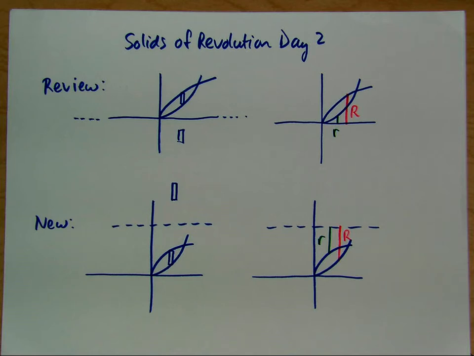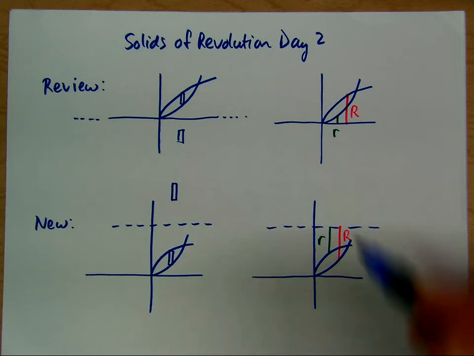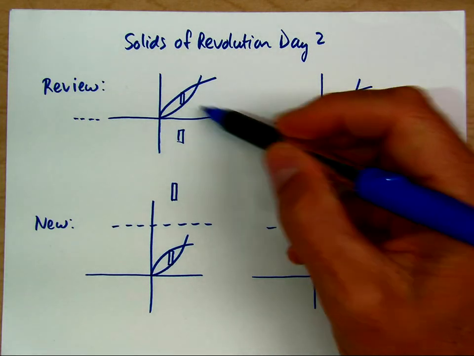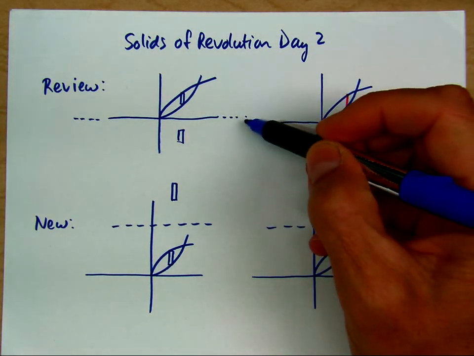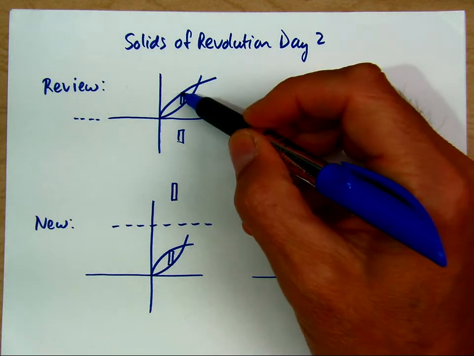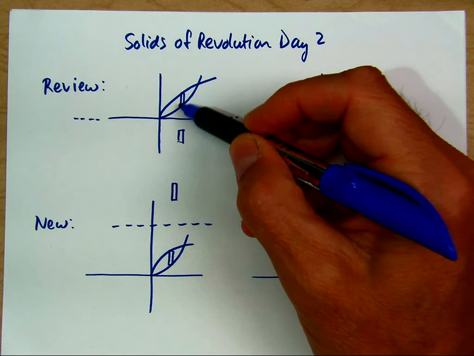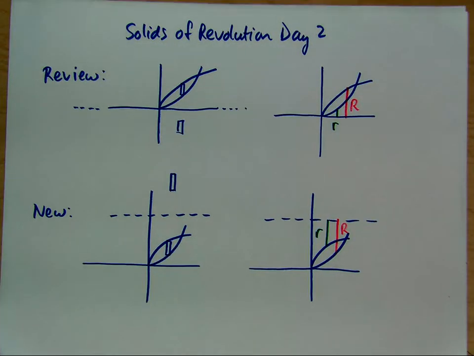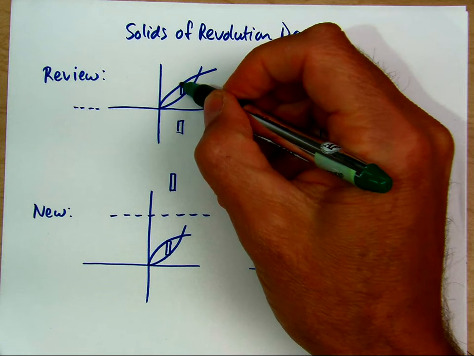Alright, in this lesson we'll just modify what we did in the previous lesson by changing the axis of rotation. In the previous lesson we rotated all the regions around the x-axis, and if we had this small rectangle and we rotated it, it would reflect down here and we would have a washer.